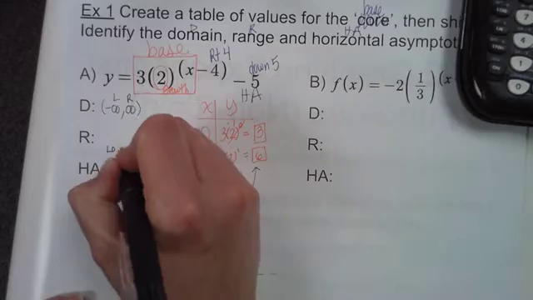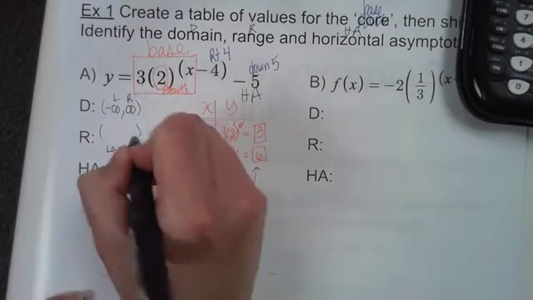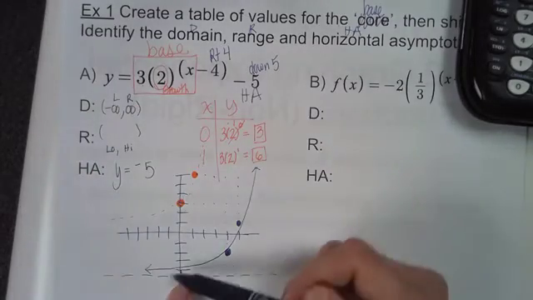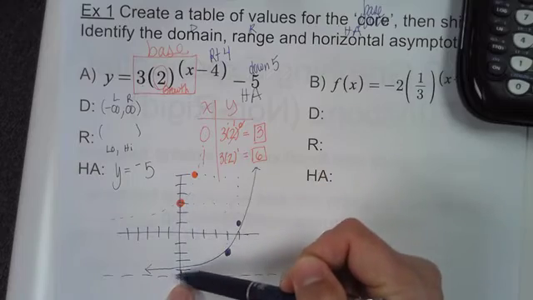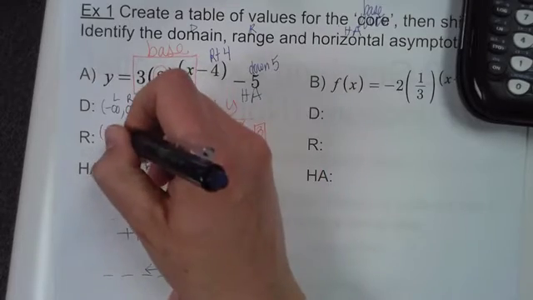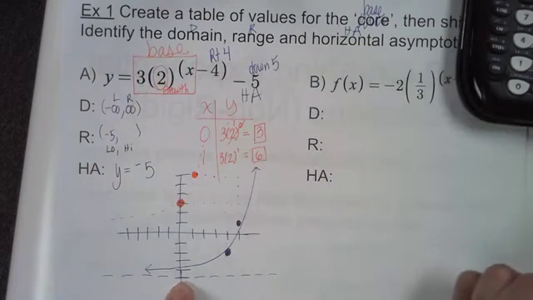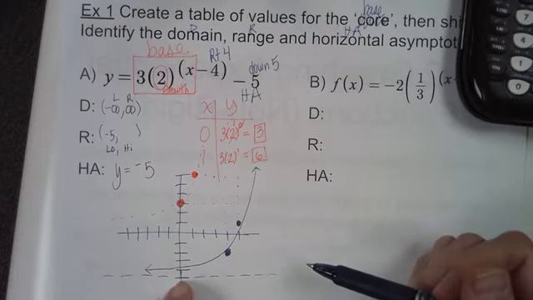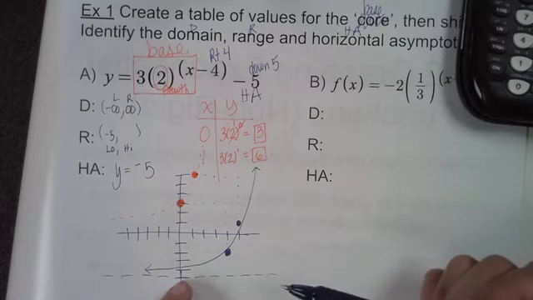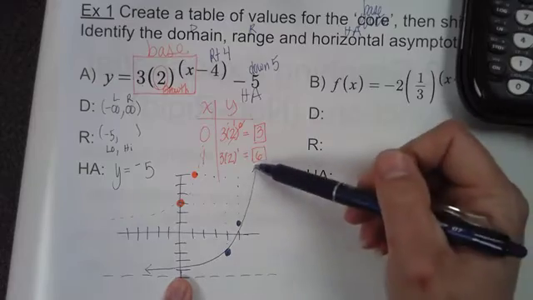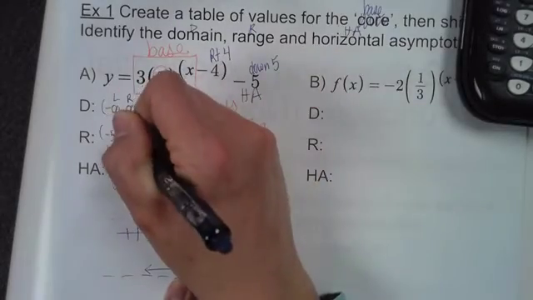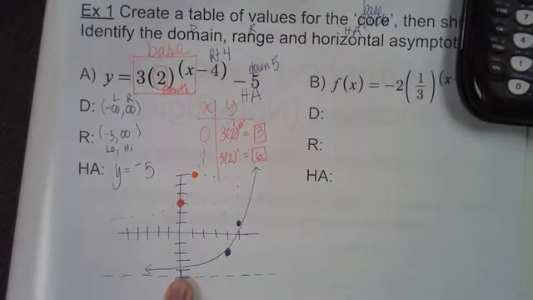How low does it go? How high does it go? Good. Our lowest y value is down here, very close to -5. Extraordinarily close, atomically close to -5. And it goes all the way up to positive infinity.